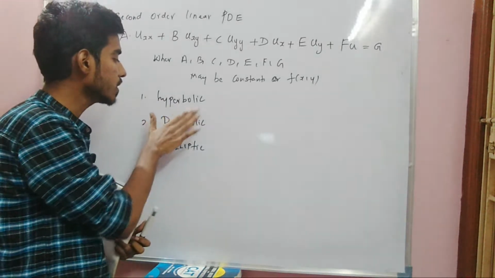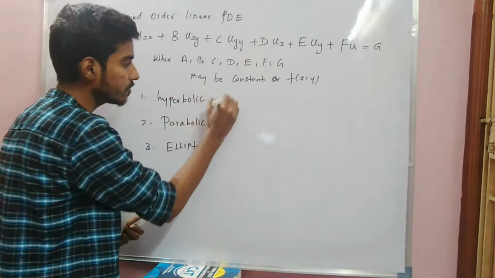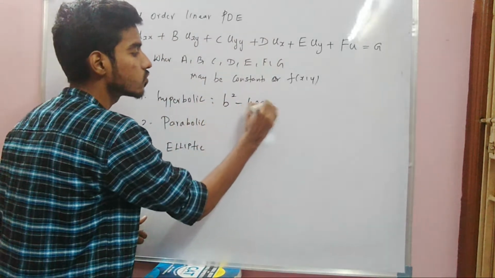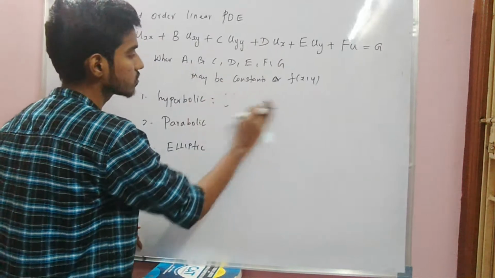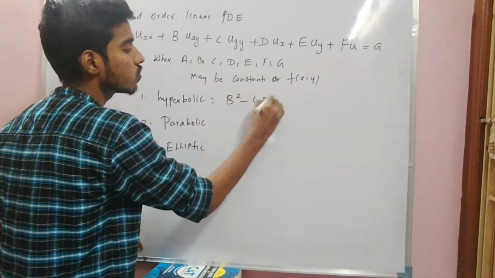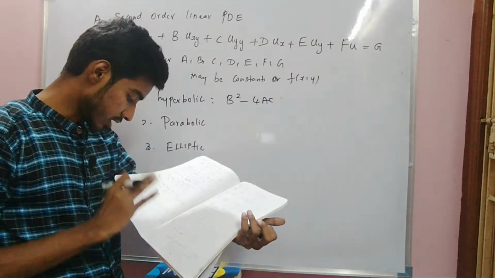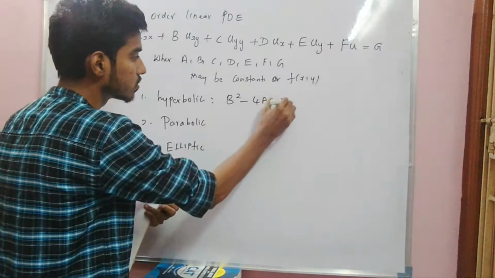A second order PDE will be hyperbolic if b square minus 4ac, or it can also be capital B square, is greater than 0.